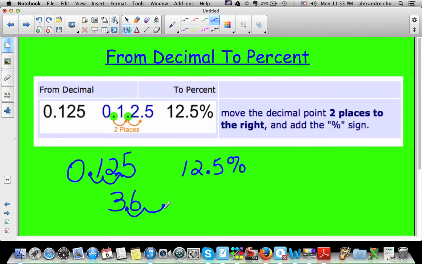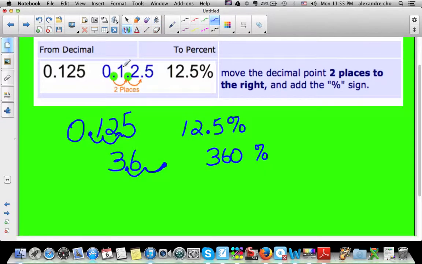So that's my new location right here. So to clean that up, I'm going to write 3, a 6. Remember, when it's an empty space like this right here, we add a 0, and a decimal goes all the way at the end. And then we add the percent sign. Now, do we need this decimal at the end? No, we don't. So we can actually erase it. Okay.